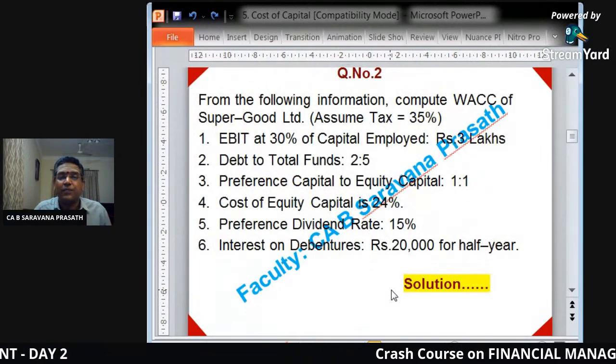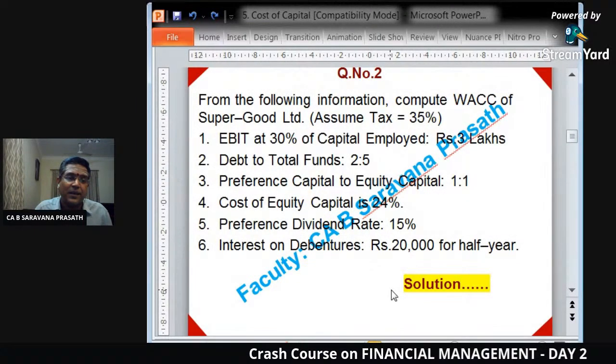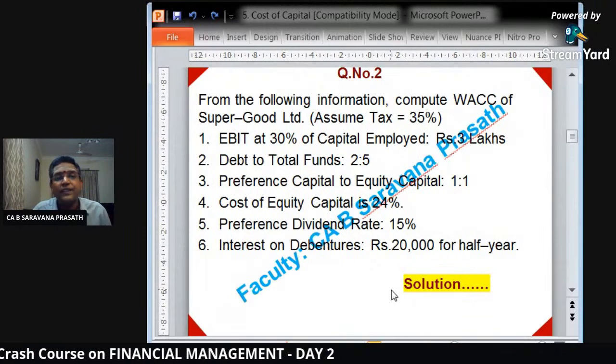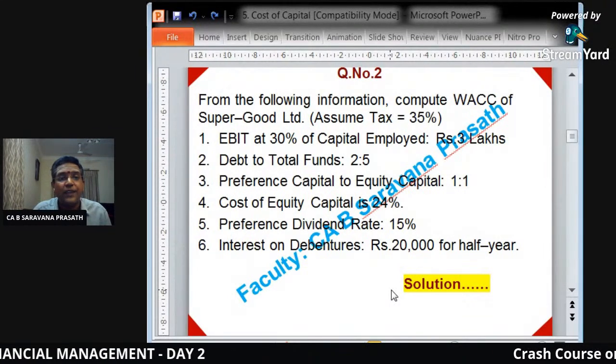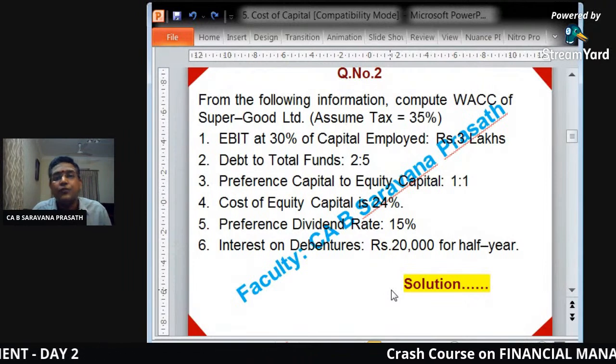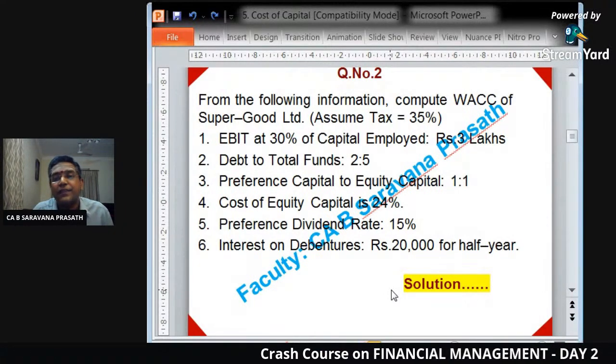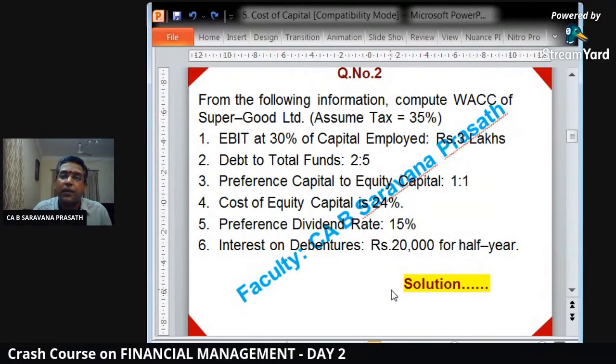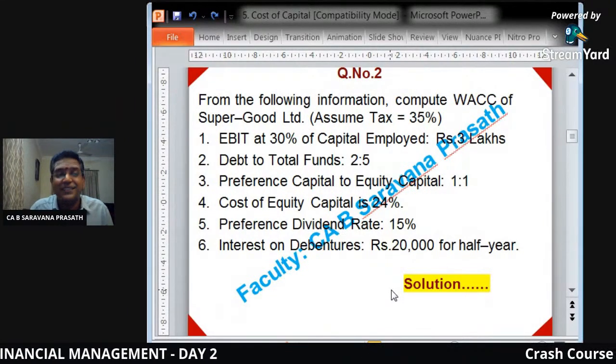We'll now go to question number 2. Look at the information available here. From the following information, compute WACC of Supergood Limited. Assume the tax rate is 35%. EBIT at 30% of capital employed is 3 lakhs. Let us understand the statement.